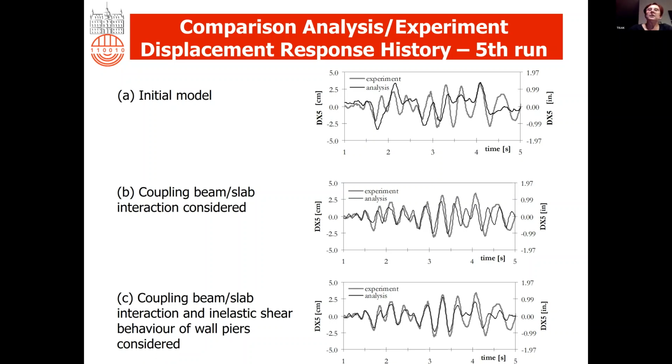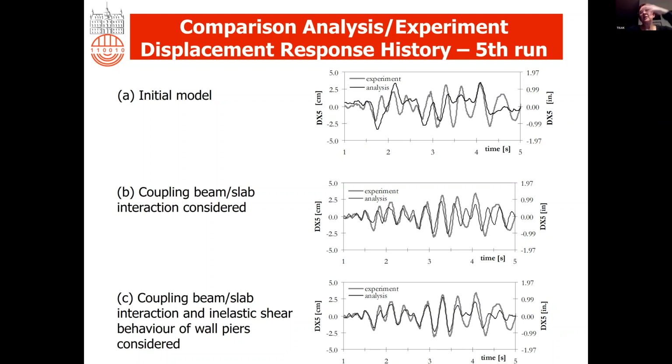After the experiment, we improved the model, and since there was no damage of the coupling beams, we increased the strength, and you can see the response was much better. Finally, when we allowed inelastic shear behavior of the wall piers, we obtained a pretty good match with the experiment.